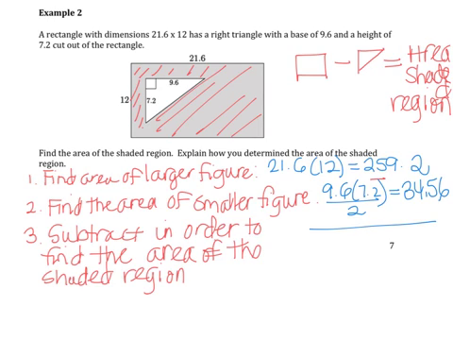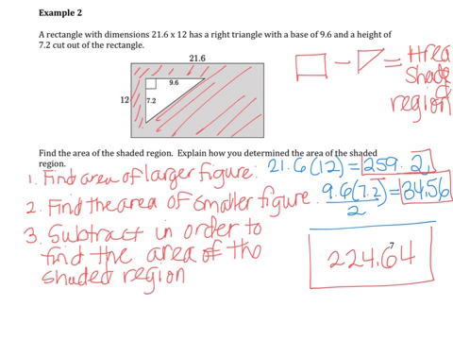And we subtract these two values to get a difference of 224.64, which is the area of the shaded region.